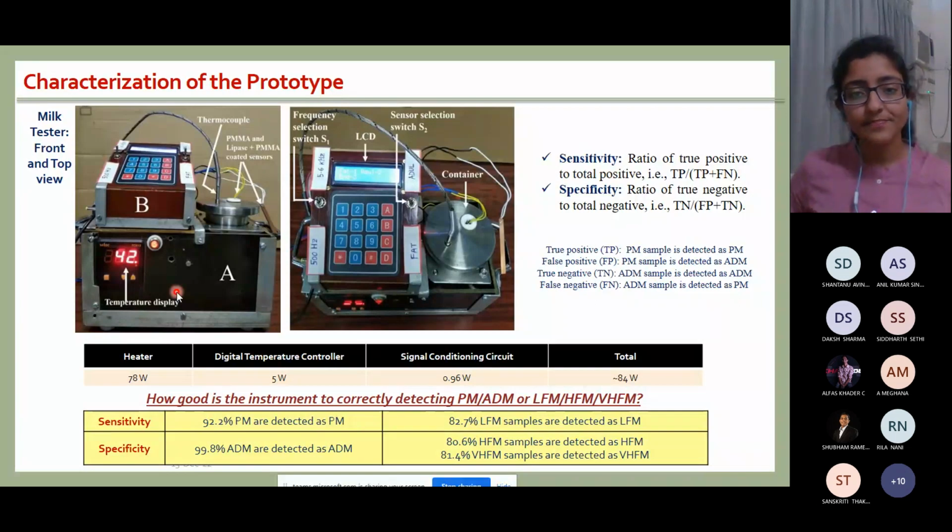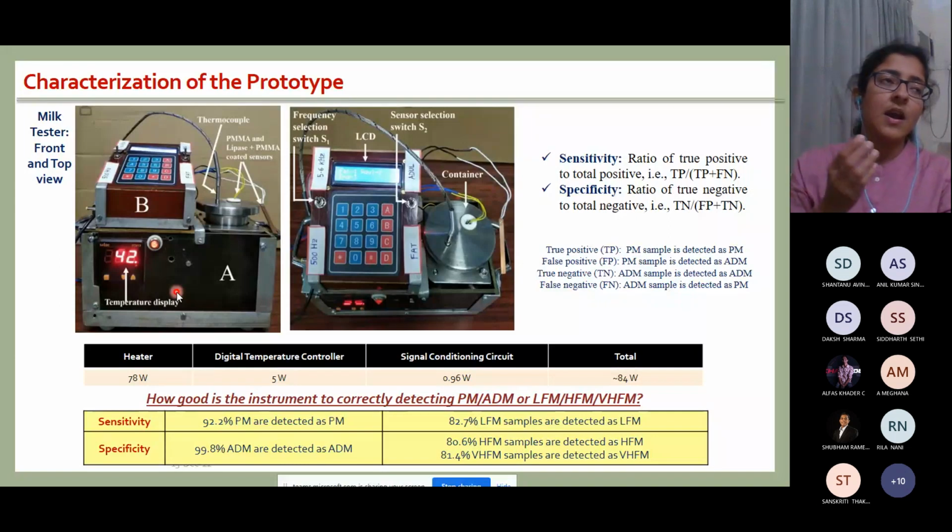We used that heating system at first, but later we didn't, because if we want to check freshly collected milk samples, we don't need heating, since it is already homogeneous, and what we were testing in the laboratory was packet milk.